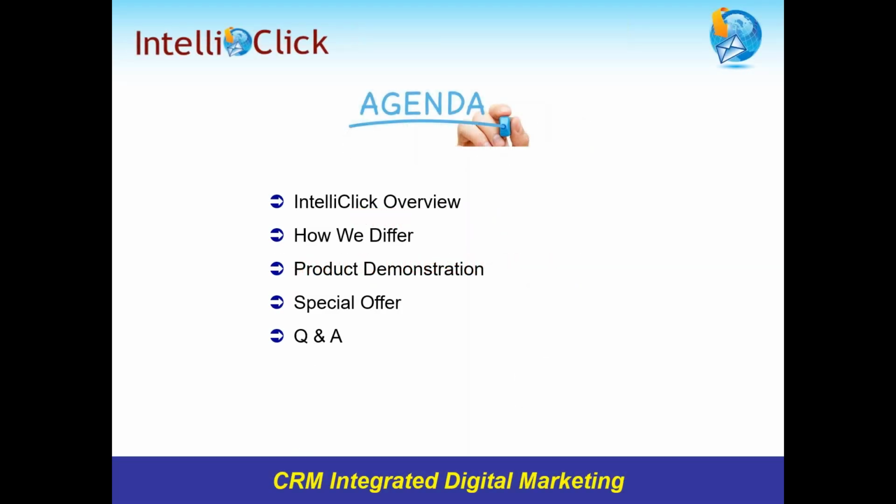So basically what we were going to do today is give you a very brief overview of IntelliClick, how it came to be, and some of its major features and highlights that we feel make it a little different than most solutions in the market. We'll talk about some of those differences where you can benefit beyond typically the tracking of just an open or a click.